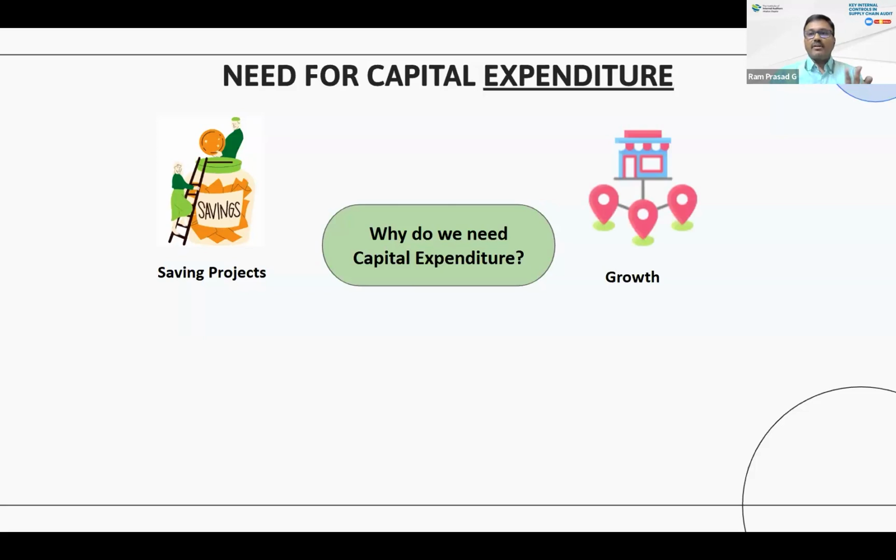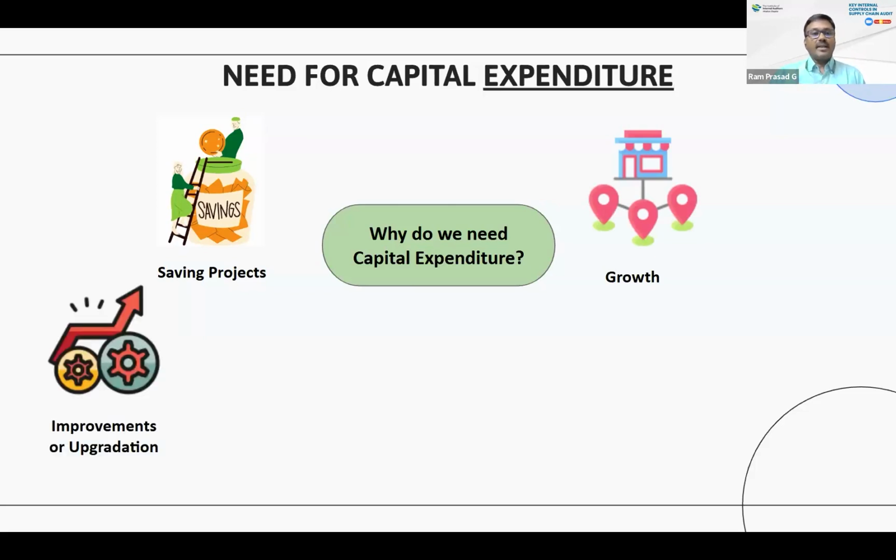Next, every organization as an objective would like to grow its business. Any assets we procure to increase our manufacturing volumes to suit our growth can be classified for the purpose of growth.